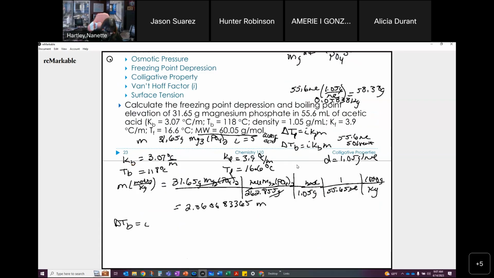That's equal to my i times the KB times the molality. My i again is 5. My KB is the 3.07 degrees C per mol. And then I have the 2.060683365 mol.